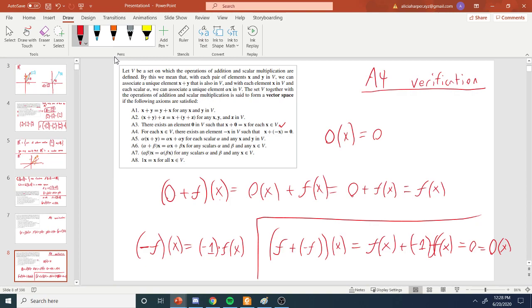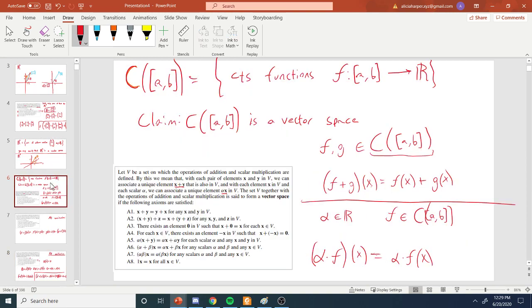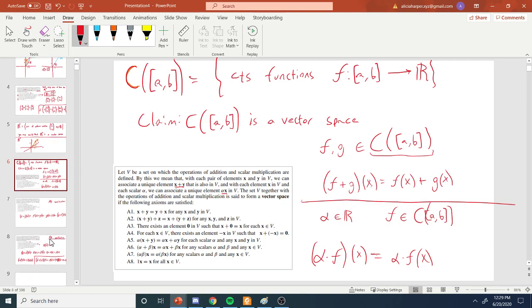So this verifies A4. So we've now verified A1, A3, and A4. And if you wish, you can go through this list and you can verify the remaining axioms, and you can see that they're all true for this set. So C of AB is a vector space. Let's do another example.